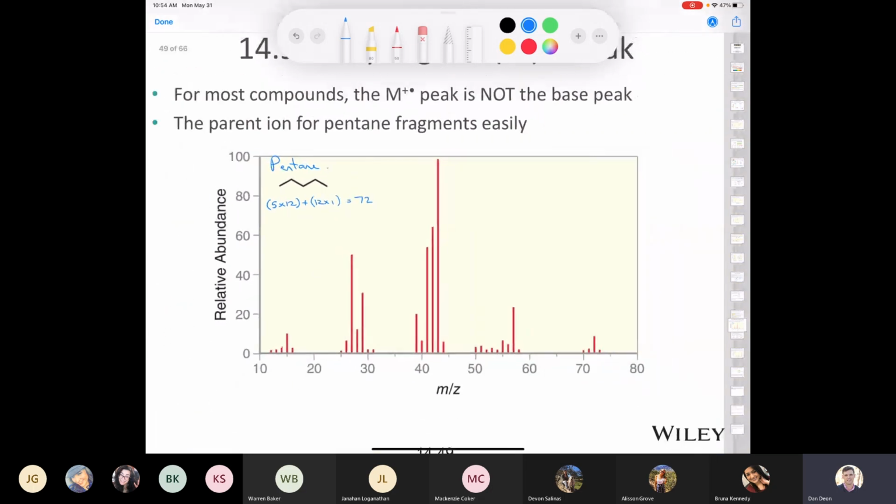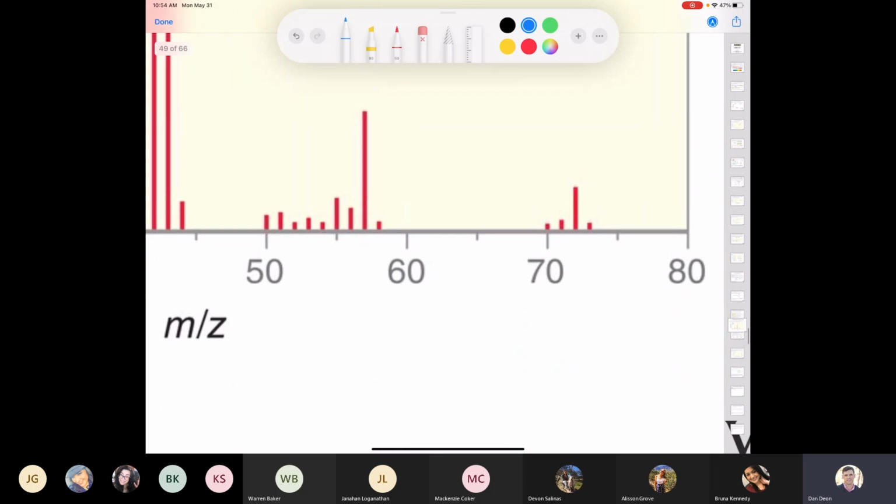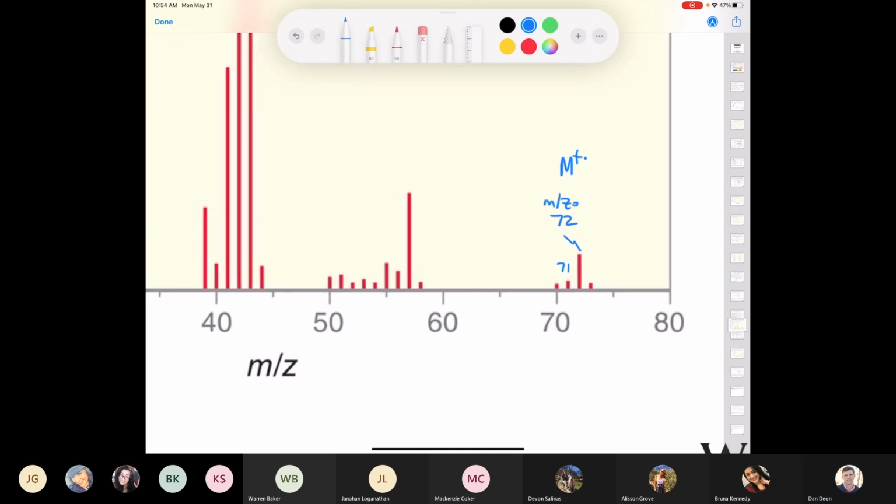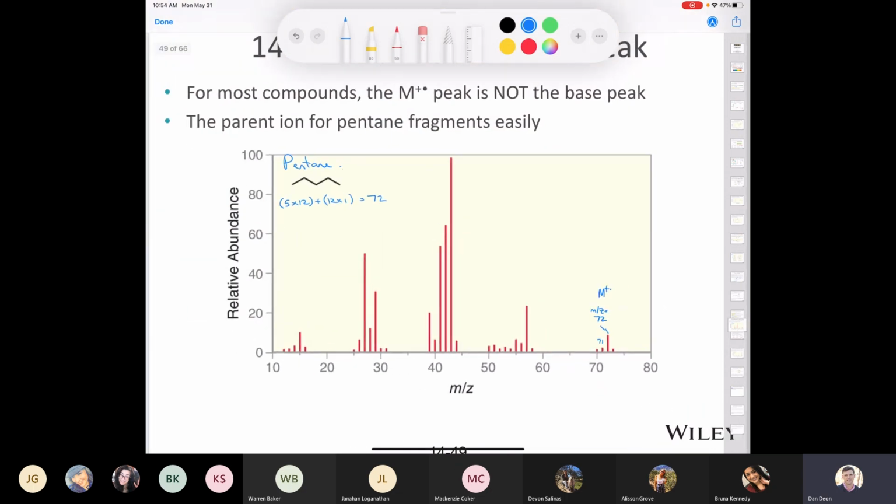So if we make the radical cation and we look over here, we have 70, 71, and then over here 72. This is our mass over charge of 72, which is supposed to be our molecular ion, but it's not the base peak, is it? The molecular ion doesn't always have to be the base peak, because base peak means the tallest peak. This here is our base peak.